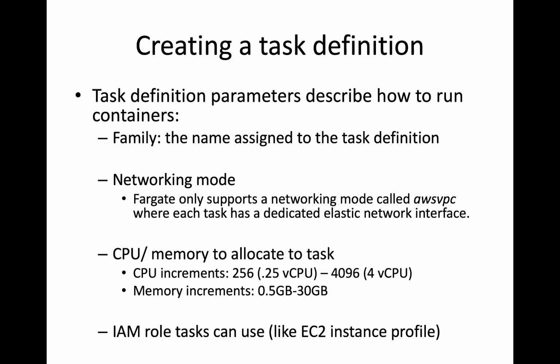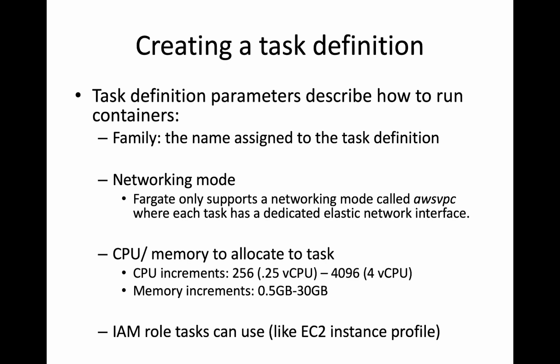Okay, well then the last piece is creating the task definition. And the task definition is really focused on describing how we're going to actually run the containers within the cluster. The task definition has a property called the family, and that's basically just a name that we are assigning to the task definition.